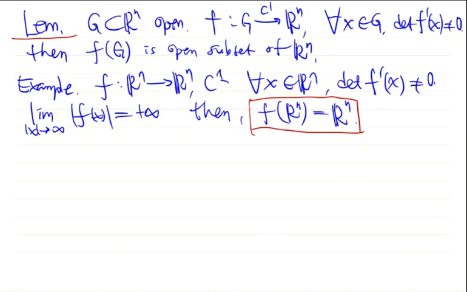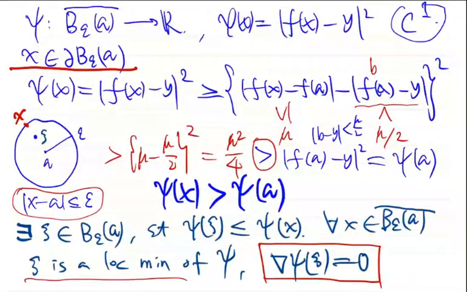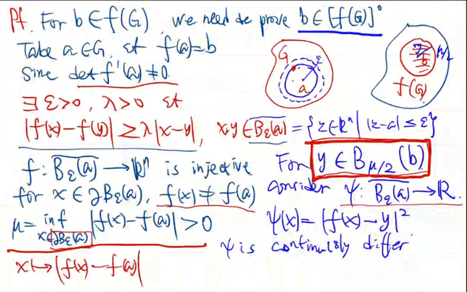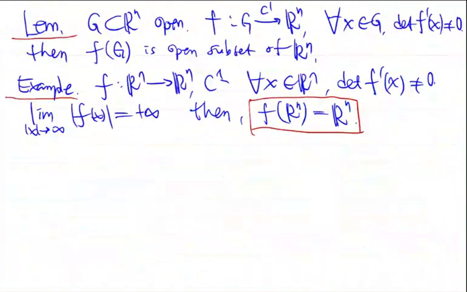Now we have proved this result using a method quite similar to our proof of this lemma, also by considering a function similar to this one. Okay, this is our previous proof of the conclusion in this example. Now, having proved this lemma, as application of the lemma, we can give a second proof of this important example.